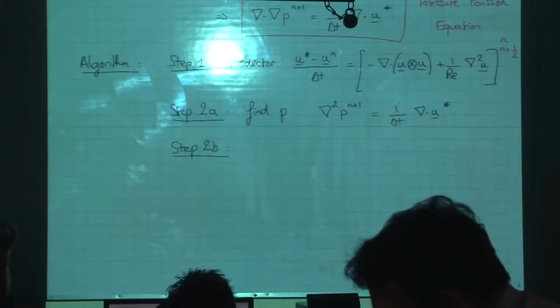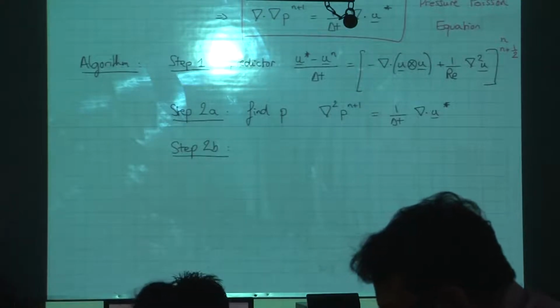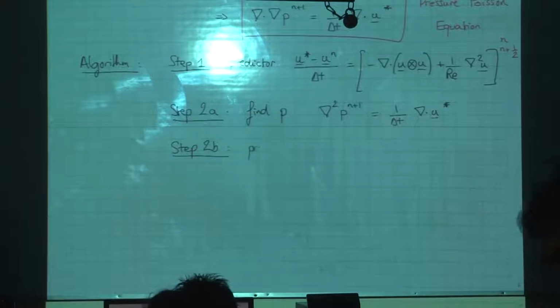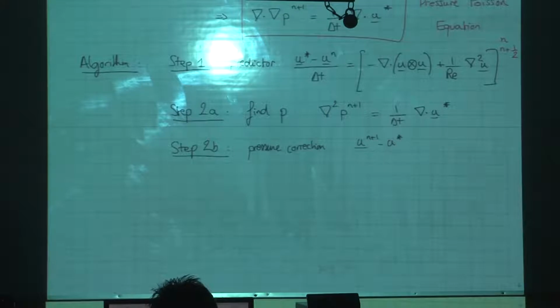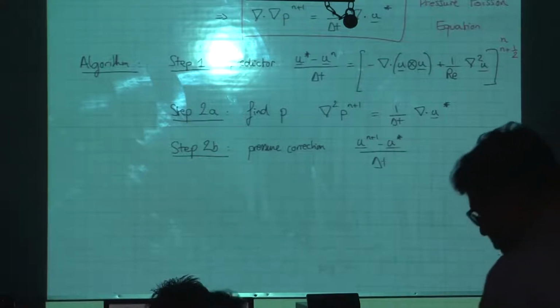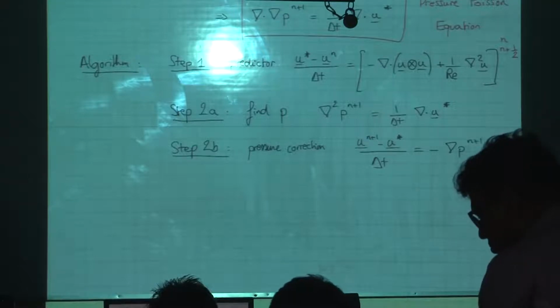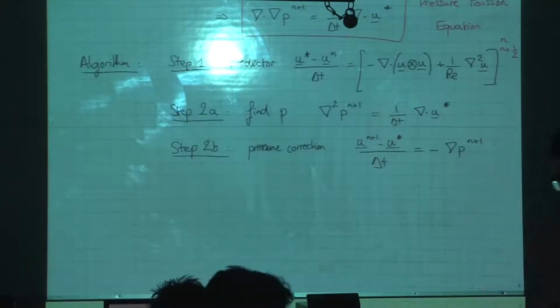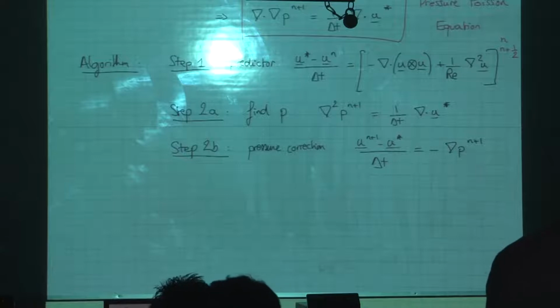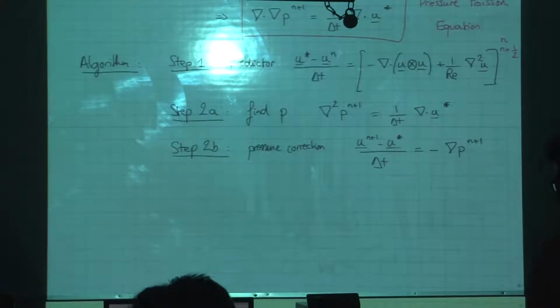I have the pressure that corresponds. I can now project. We take the gradient of the pressure we've just calculated, and we use that to advance ourselves to n+1.